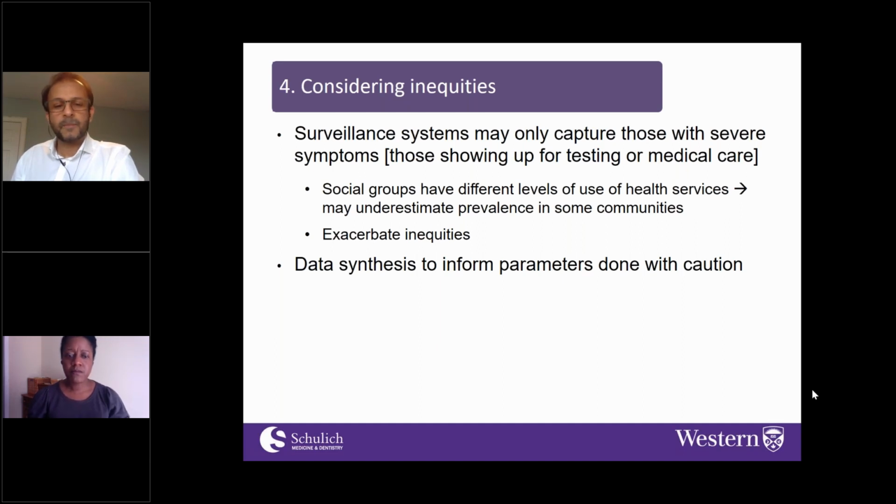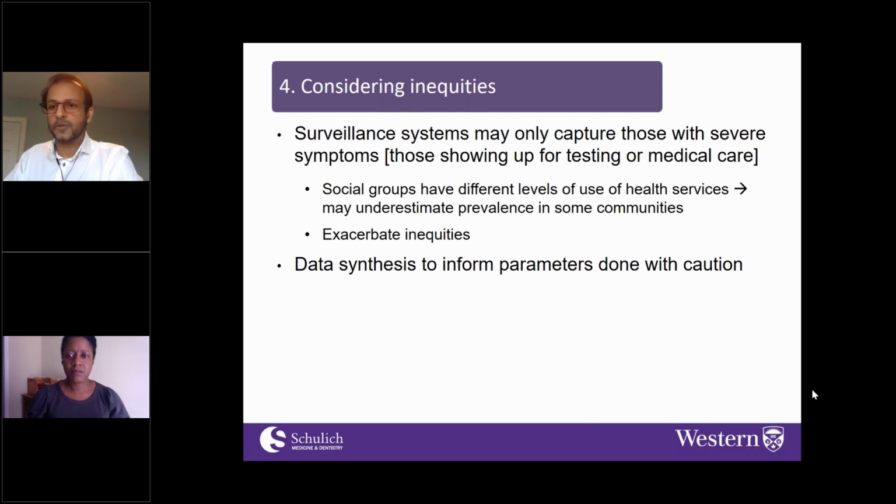But the important thing to consider, as one of the guidelines clearly mentions, is that it's not just that this underestimation or overestimation is randomly distributed in the population. We know that certain social groups are much less likely to come in contact with the health system.